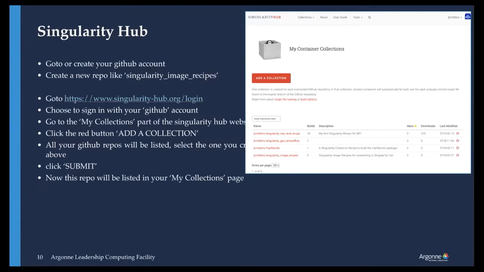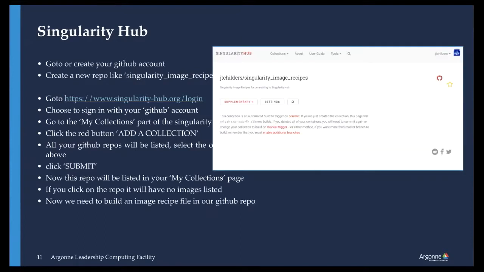The slides are of course meant to have all the info there, so you can look at them later if you want to go through these steps. And now you'll see your repos in your container collections.